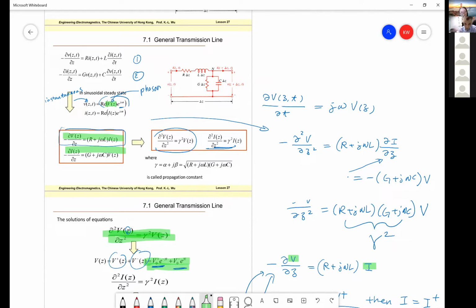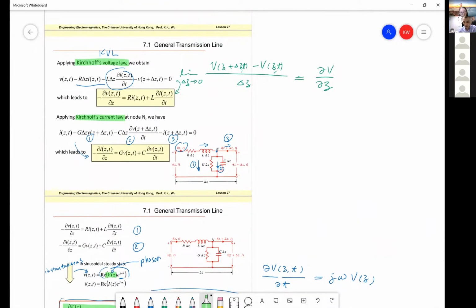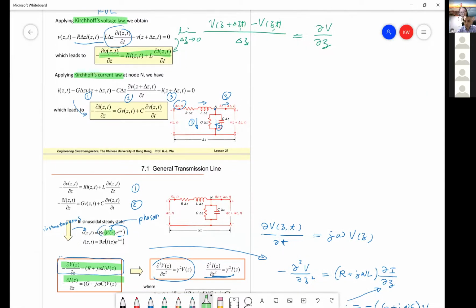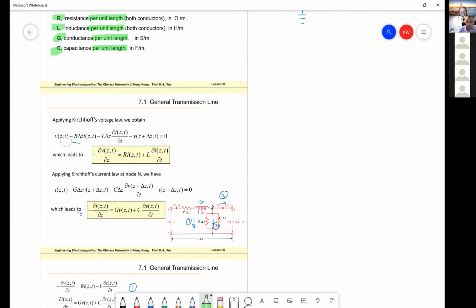If you still don't remember these two, remember these two, then you know the relation between phasor and instantaneous. If you still couldn't remember, you have to remember KVL and KCL, and also this circuit model.